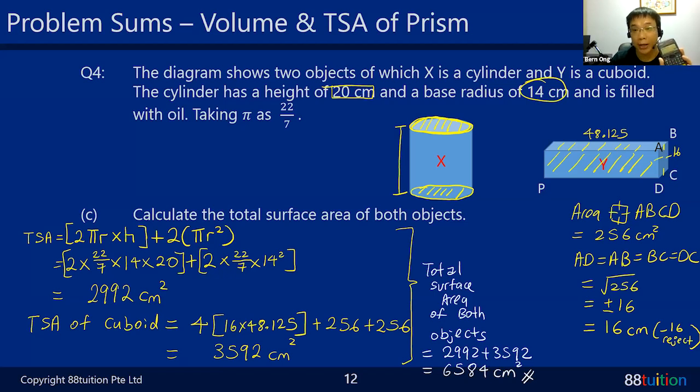That will be 3080. That is actually the 4 rectangular faces. Then you plus the 256 plus 256. Answer is still 3592 for the total surface area of the cuboid. Same one. But you must understand the formula. Then it will help you very, very much. All right, so this is all the Sec 1 revision.